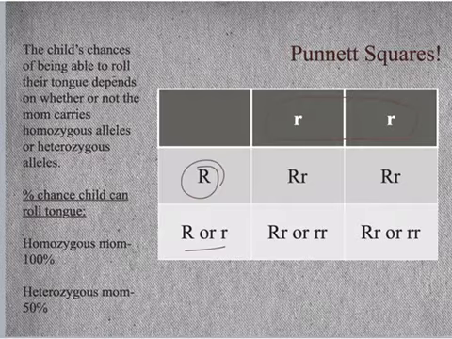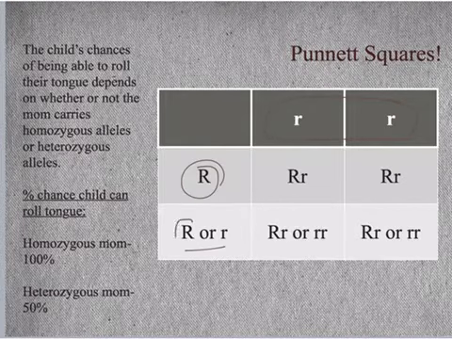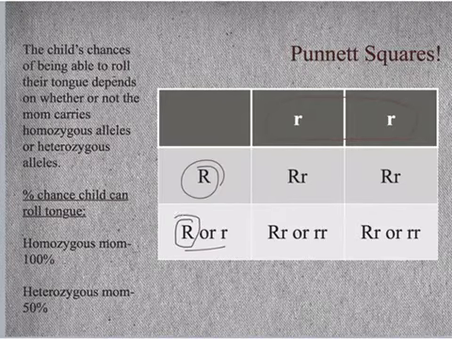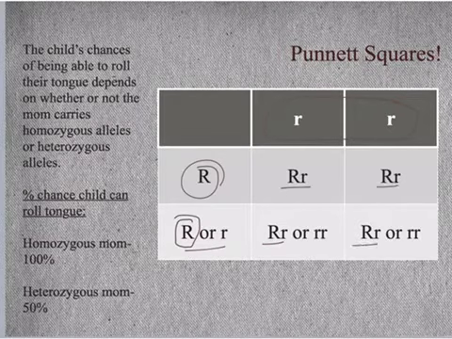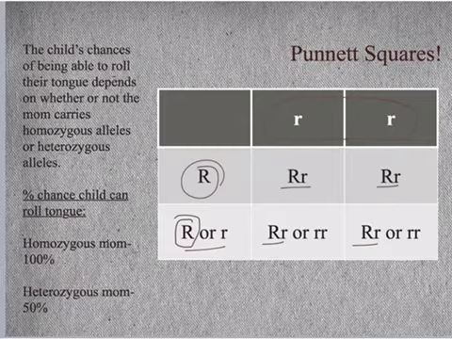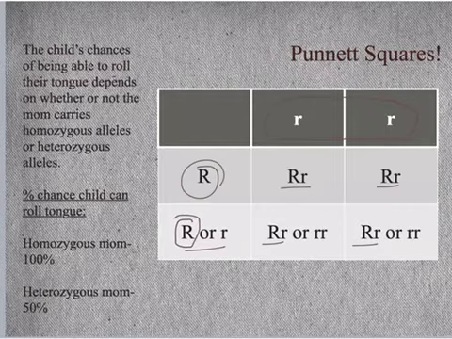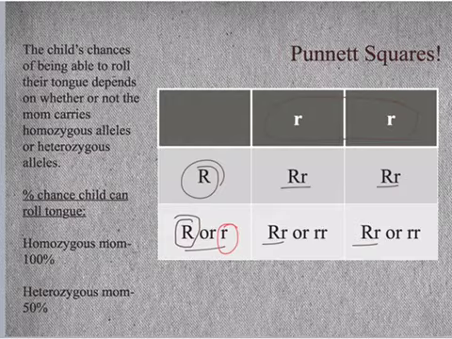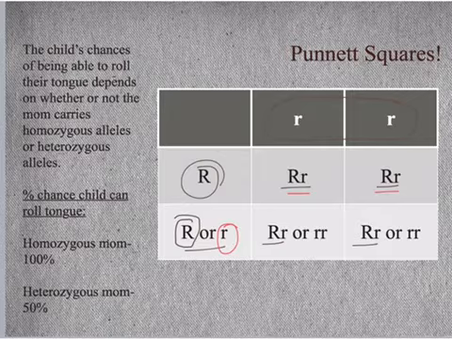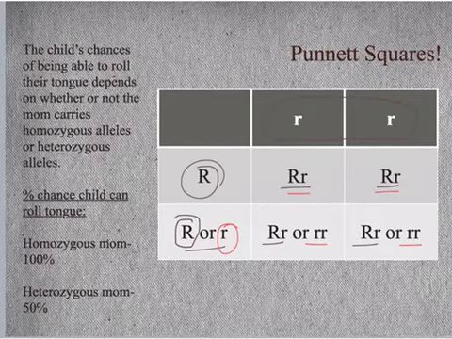So if she were homozygous dominant for tongue rolling, she would have 2 capital R's, and every possible offspring would be heterozygous for tongue rolling. They would be able to roll their tongue, and they'd have a capital and a lowercase because of their parents. If mom had the lowercase r, she was heterozygous for tongue rolling, then 2 of the offspring would be heterozygous and 2 of the offspring would be homozygous recessive.